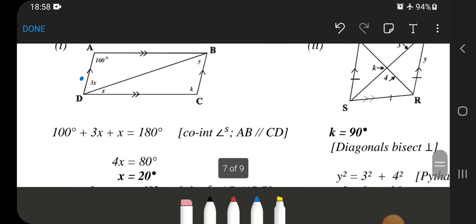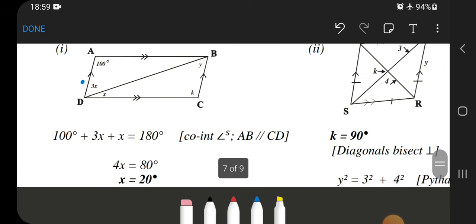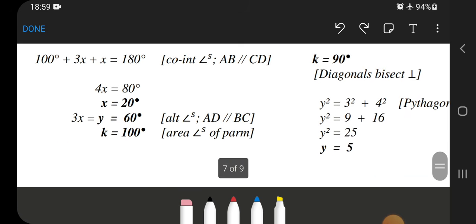So 100 plus 3x. So this 100, this 2. Remember, these lines are parallel, so we can do co-interior angles. So this 100 plus this equals 180. That's how you'll be able to solve for x. So those are the things that you should keep in mind. We have parallel lines, so that's how we're able to find the value of x.